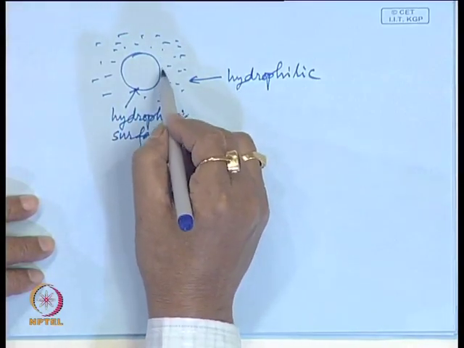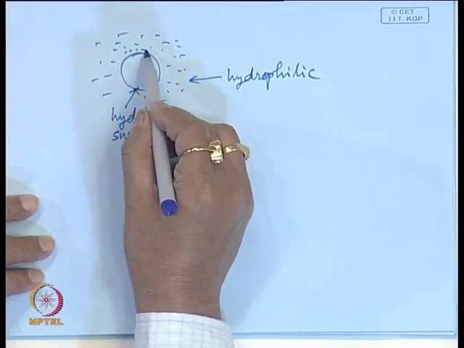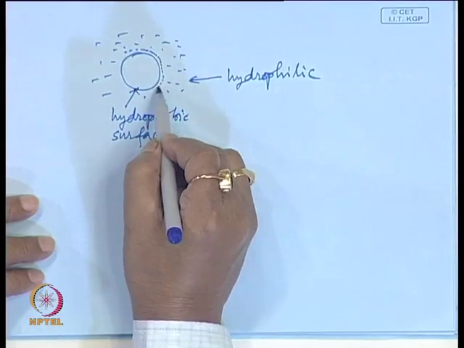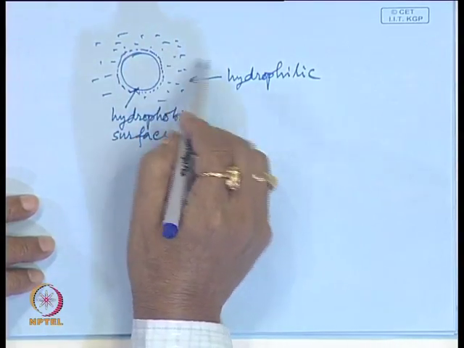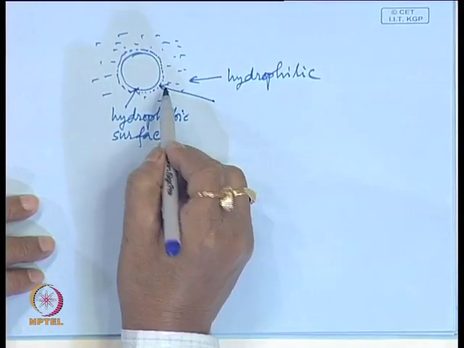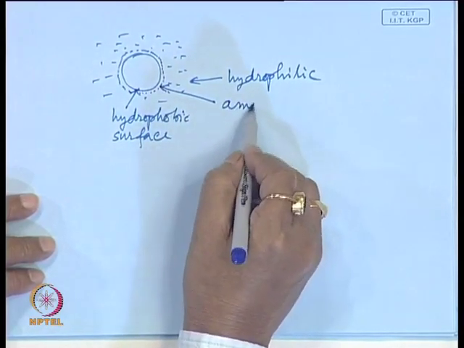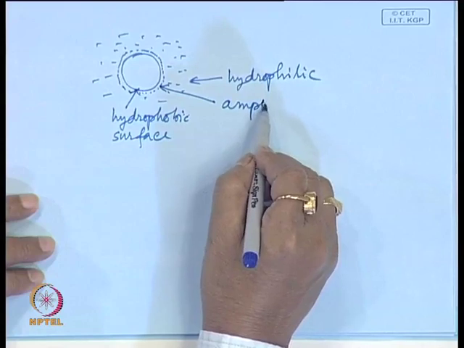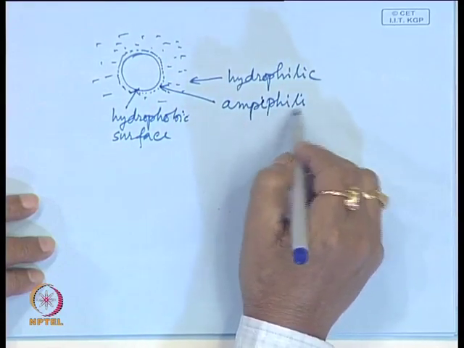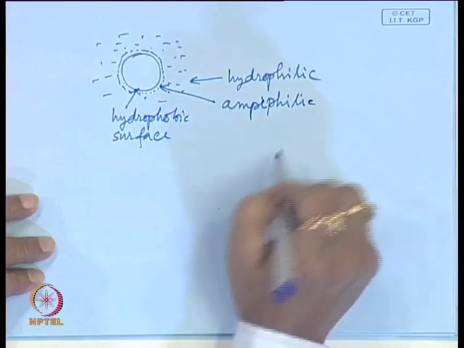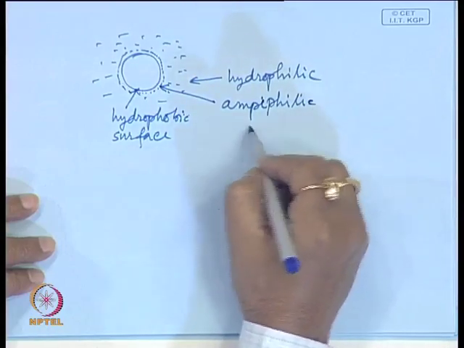If some layer is present over this hydrophobic surface, you can say it is an amphiphilic component.